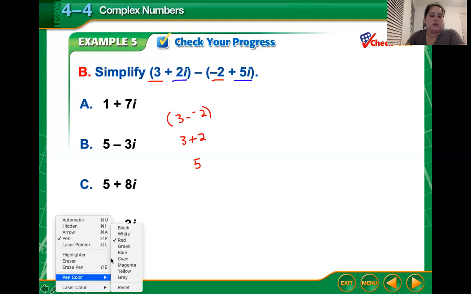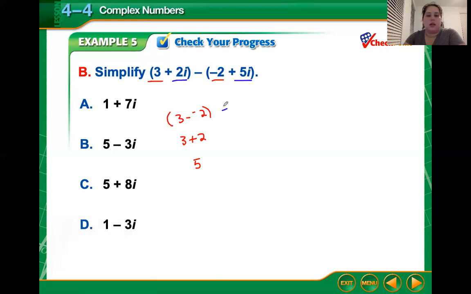And then on our imaginary, we're going to add 2i minus 5i, which is just negative 3i. So our final answer is 5 minus 3i, which is B.